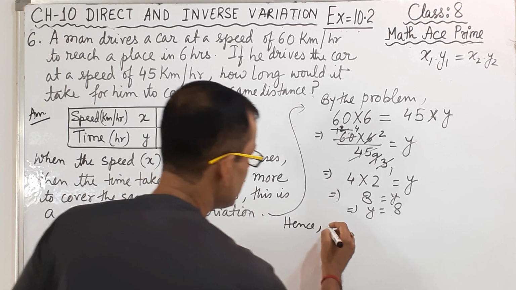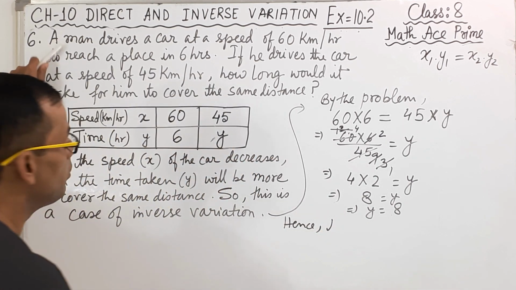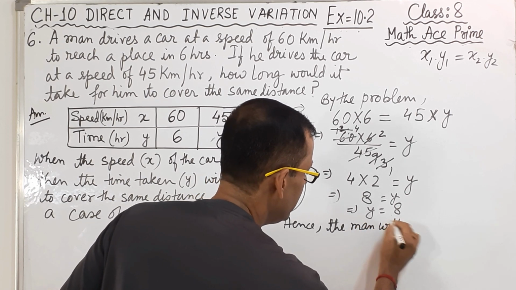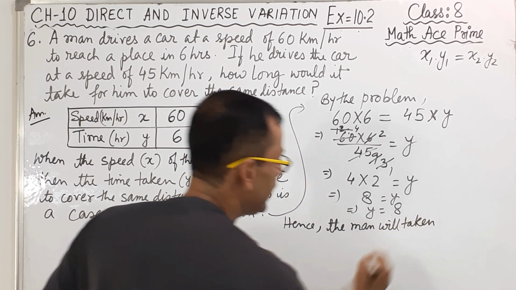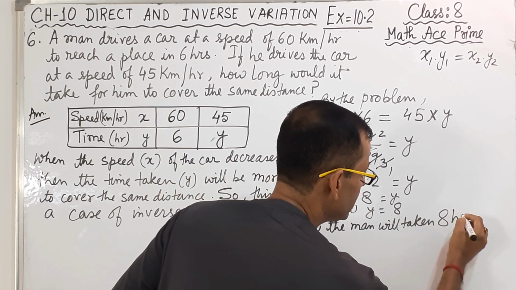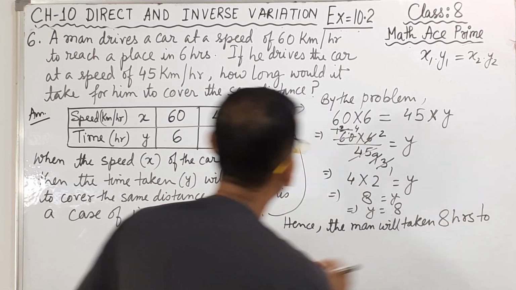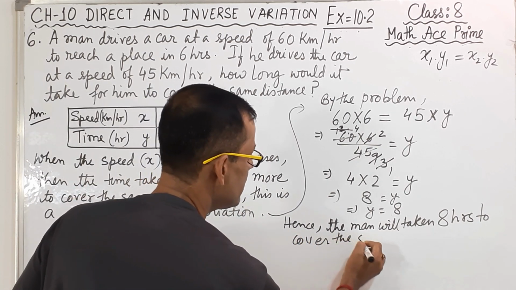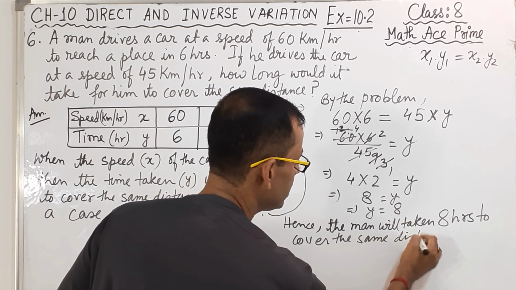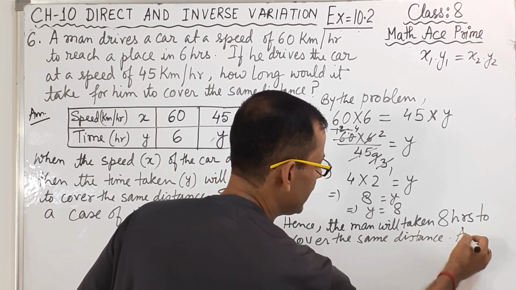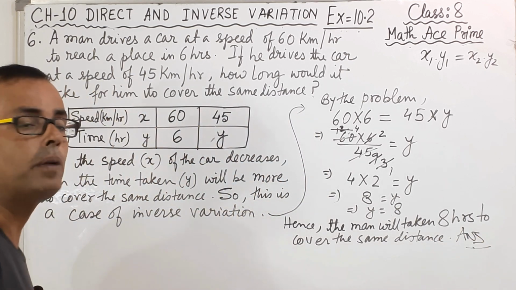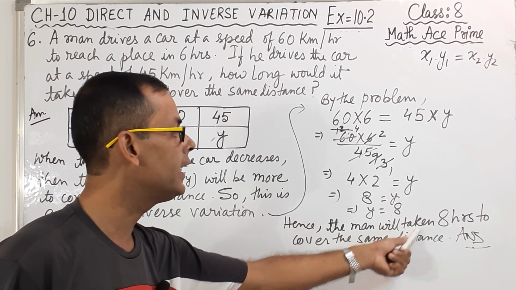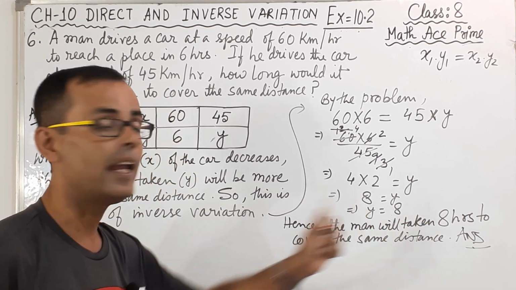So hence the man will take 8 hours, okay, to cover the same distance. ऐसा करके लिखने से अच्छा लगता है. ठीक है, अगर तुम नहीं लिख सकते, सिंपली तुम लिख दोगे टाइम, तो वो भी करेक्ट है. ठीक है, hence the man will take 8 hours to cover the same distance.